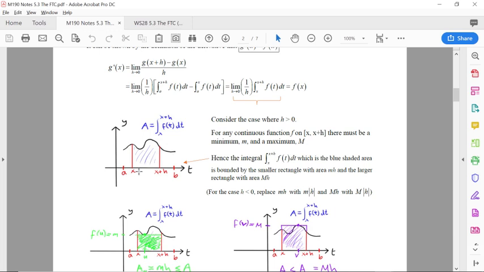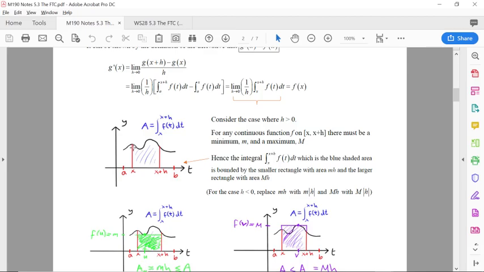One way we can do that is by keeping the width fixed, x to x plus h, so the width is h, and the height we can choose to be the minimum height of this function along this closed interval. Why are we allowed to find the minimum? We know that it exists because the function is continuous over a closed interval.